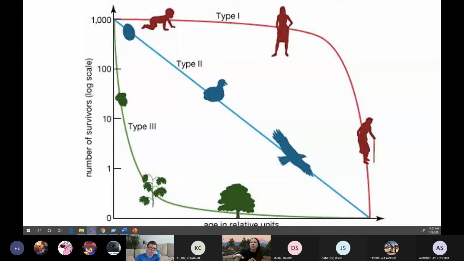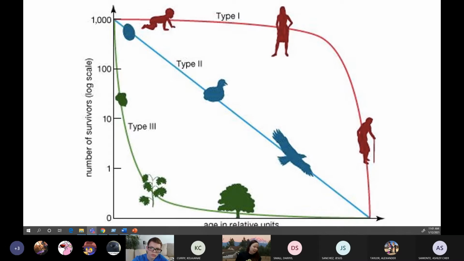So the bottom is the relative age, and the left side is the number of survivors on a logarithmic scale. For those of you that don't know what a logarithmic scale is, it's something that goes by tens. You could think of exponential.